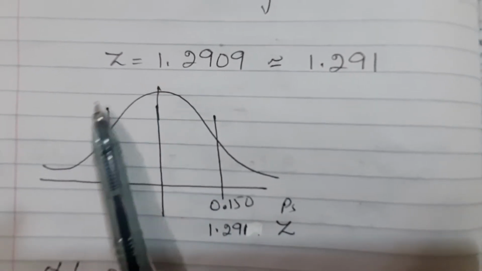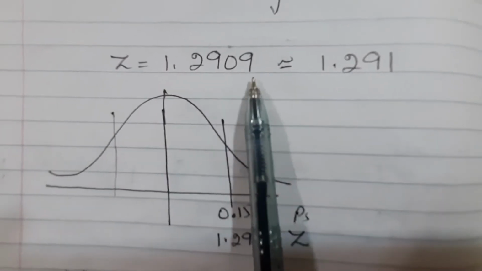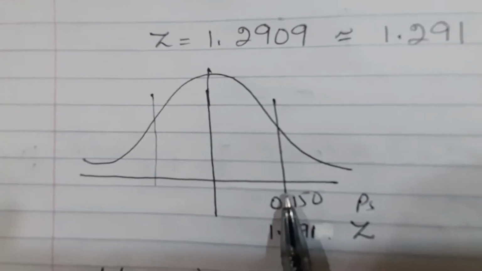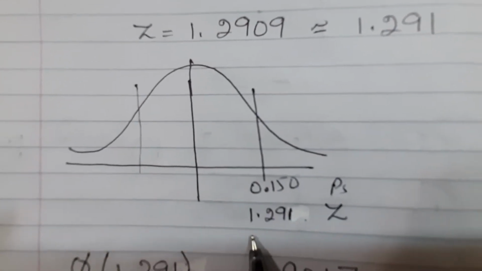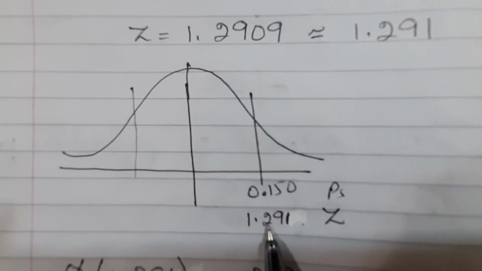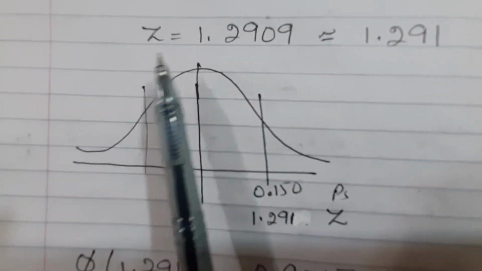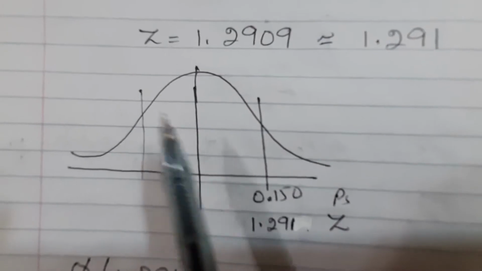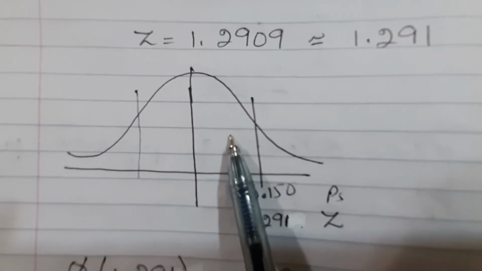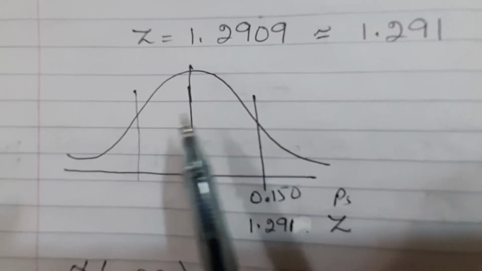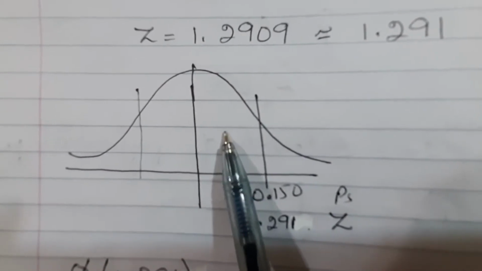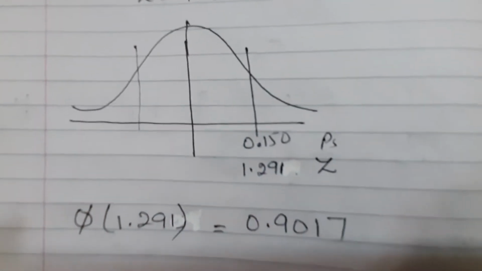I'm repeating, the probability I get against this Z value will be from here till here, and I subtract 0.5 to get this. Then I just double it because these two are equal. It is symmetrical.